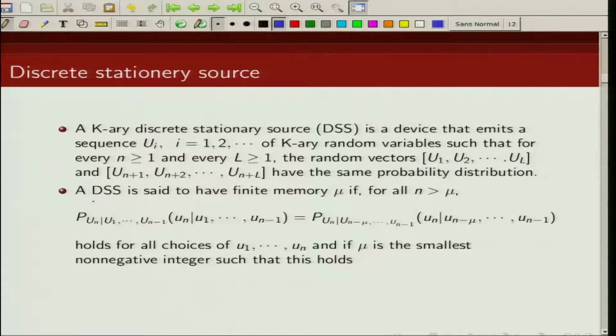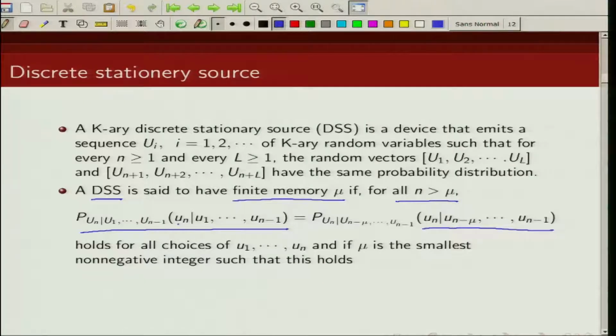Now we say a discrete stationary source has a finite memory mu if for all n greater than or equal to mu, the probability of U_n given U1, U2, ..., U_{n-1} depends only on the past mu values.